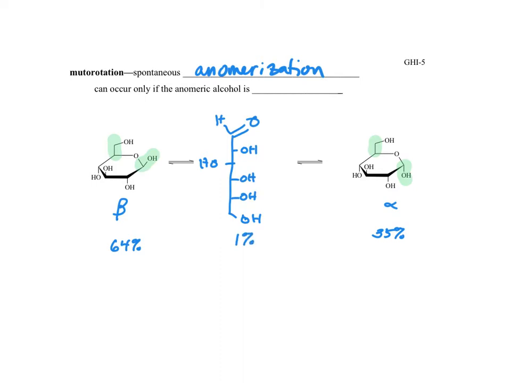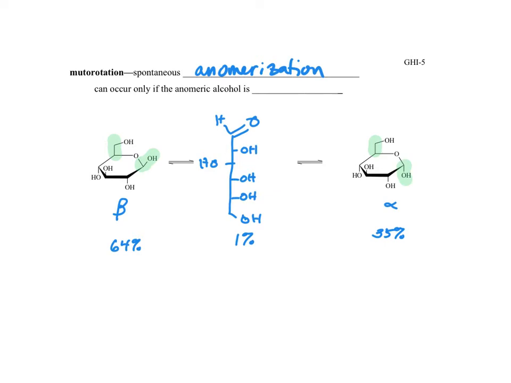That tells you something. That is, the cyclic Haworth structures are much more stable and therefore more prevalent in the body than the Fischer structure. However, you cannot interconvert between the two cyclic structures without going through the Fischer. That's why we need to know all three of these structures and how to deal with them.